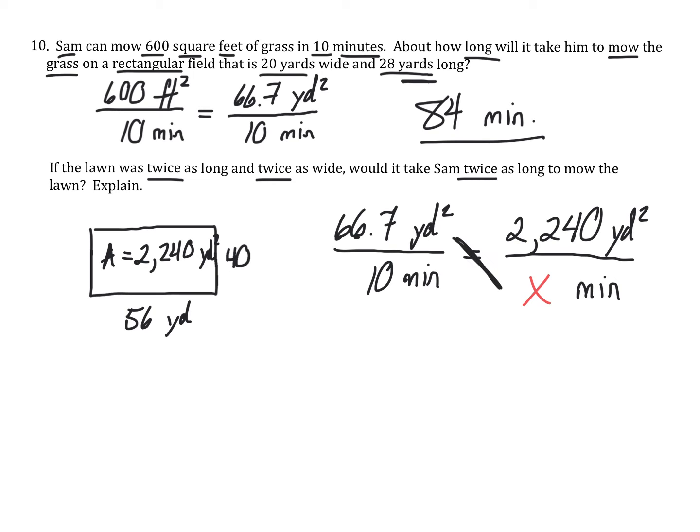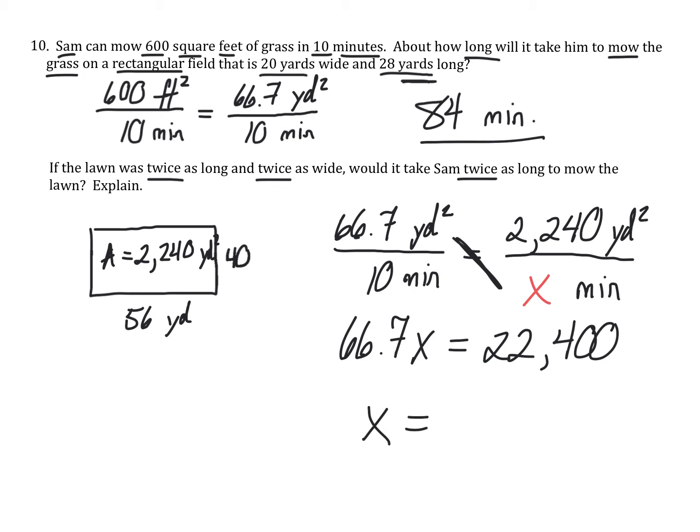My equation is going to look very similar to the previous one, 66.7x, but now it's going to be equal to 22,400. And x is going to equal 335.8 minutes. So that's how long it would take to mow that new lawn, which is obviously more than double my original answer of 84. So the answer is no.